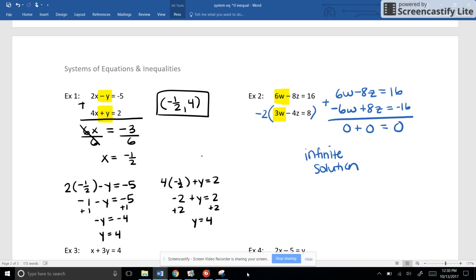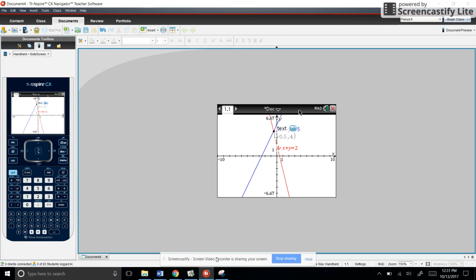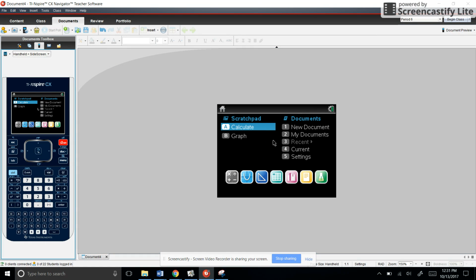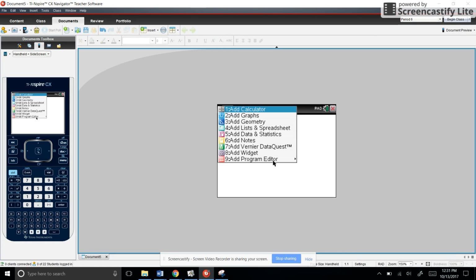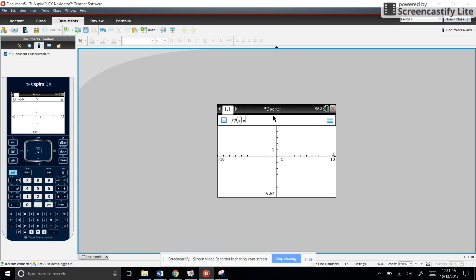So let's go to the calculator. And now the calculator doesn't know w's and z's. We've got to put x and y. So 6x minus 8y equals 16. Go to relation. 6x minus 8y equals 16.